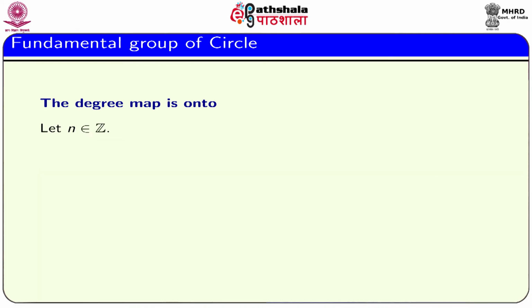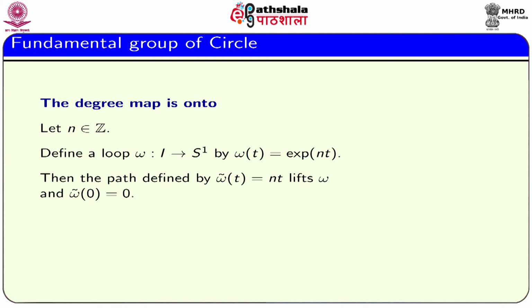We also can show that the degree map is onto. So, we start with any integer n, we define a loop W from I to S1 by W t is equal to exponential of nt, then the path defined by W tilde t is equal to nt lifts W, and W tilde 0 is 0.